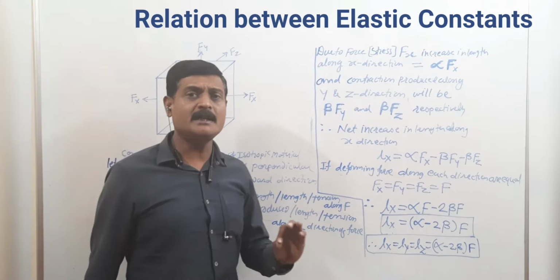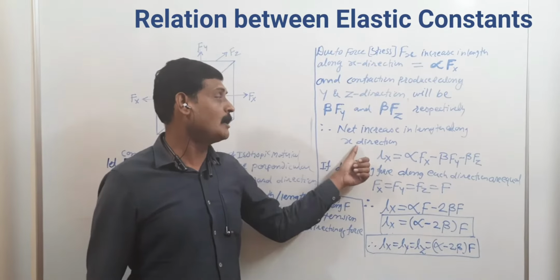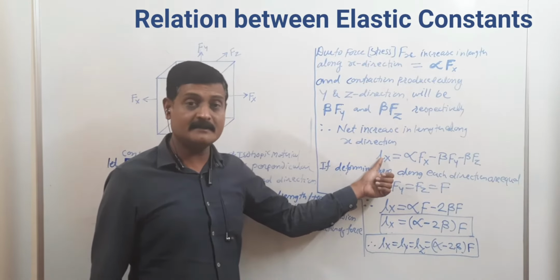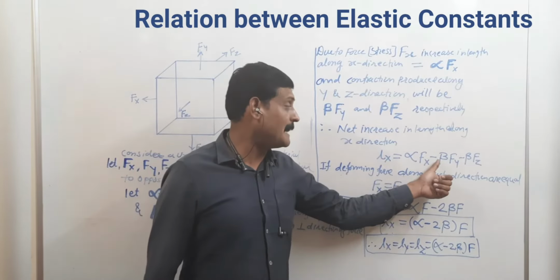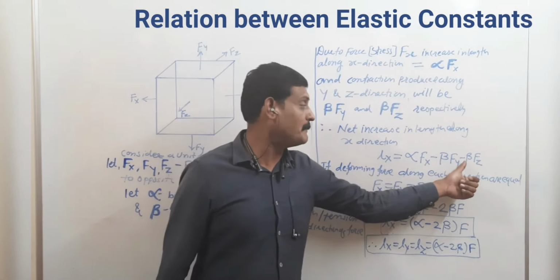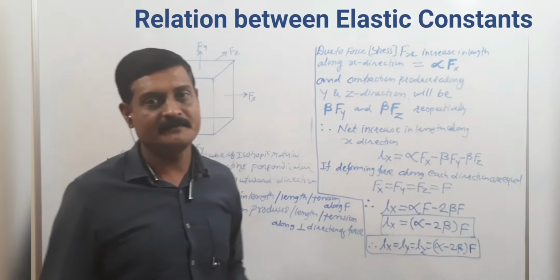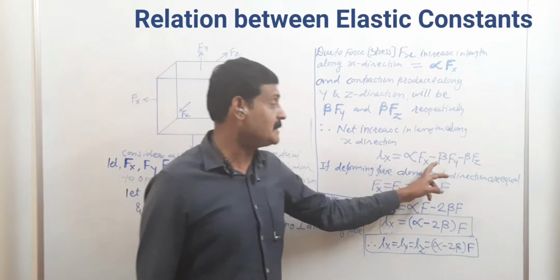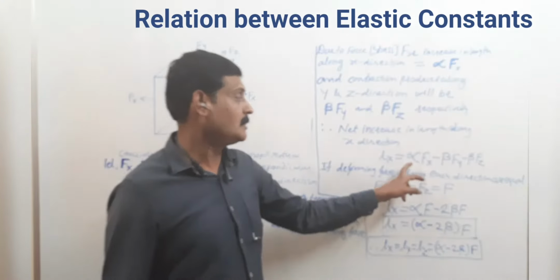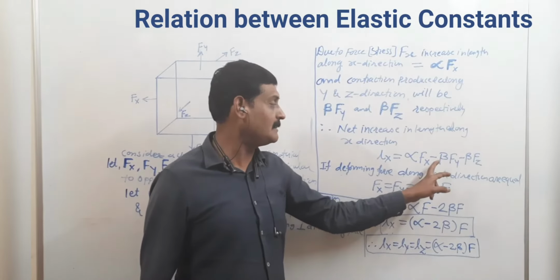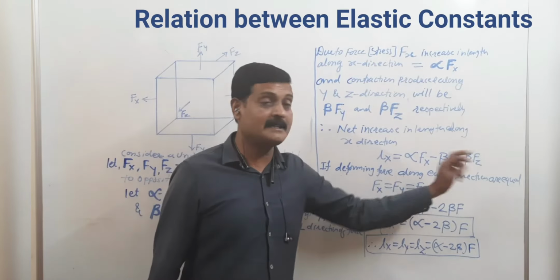So the net increase in length along the x direction is given by Lx. Lx is equal to alpha Fx minus beta Fy minus beta Fz, because along the Fy and Fz directions there is a contraction. So alpha Fx is the increase in length, minus beta Fy minus beta Fz.